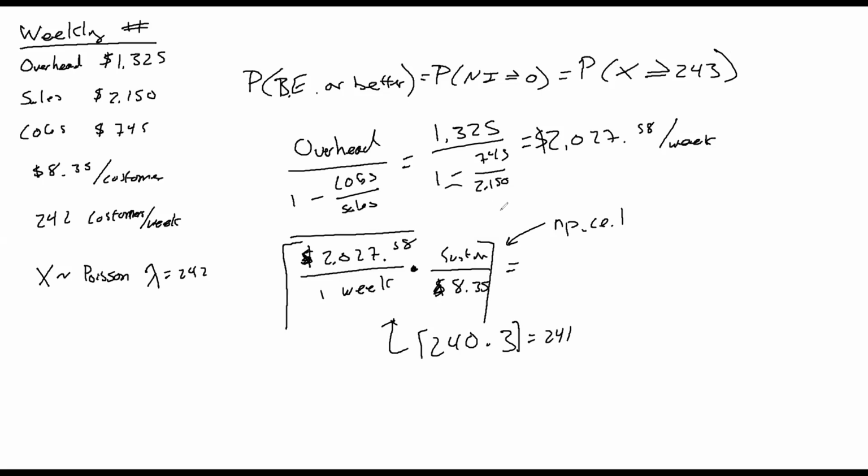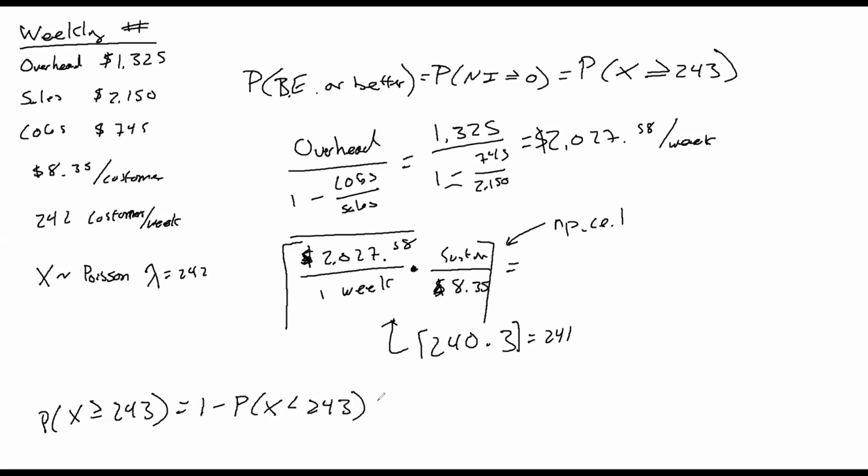So to do a CDF, we're going to want the probability of X being equal to or greater than 243. The CDF comes from the left, so it's this number or less. So this would be 1 minus the probability of X being less than 243.